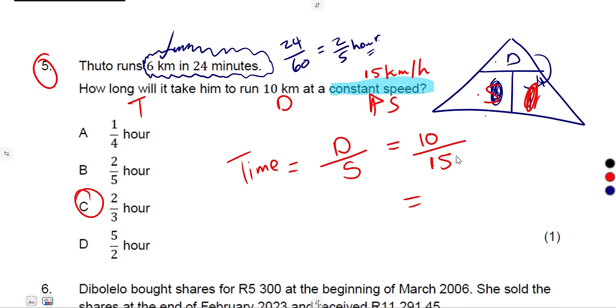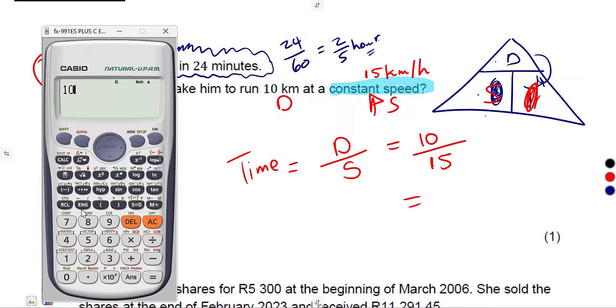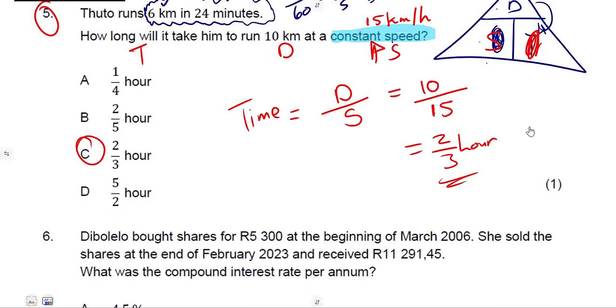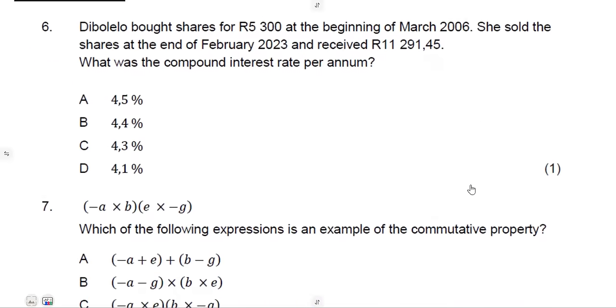That is our condition. So 10 over 15, which was going to give us 2 over 3 hours, as we are given there. So, guys, answering these questions will be in your hands. We choose which way. So many ways of attempting them.